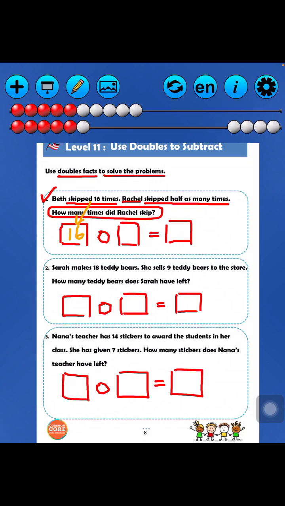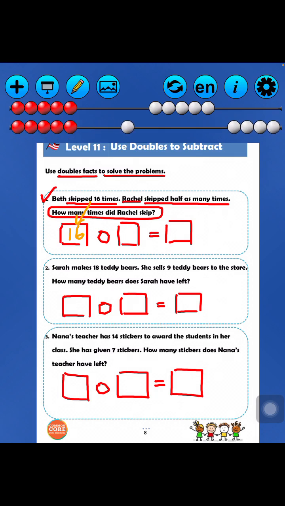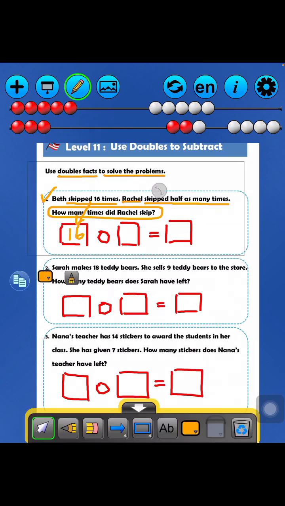And then we need to find half of 16. Okay, in the first row, there are 10 bits. We split them into half first. If we split into half each side, we got 5 bits. In the second row, there are 6 bits. And again, we split it into half. If we split into half, there will be 3 bits on each side.